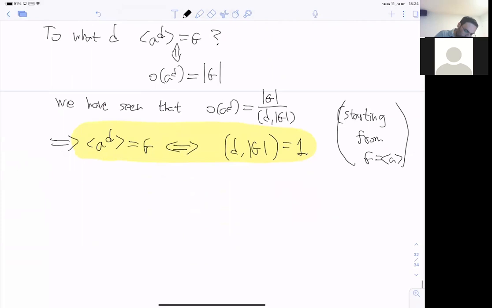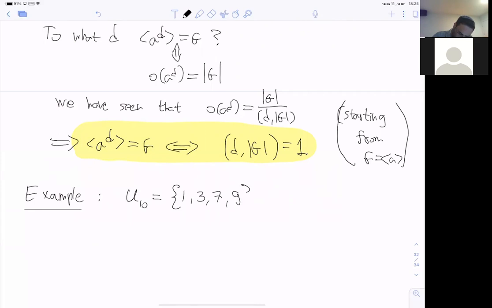Let us see an example. Take U10. 3 is a generator.